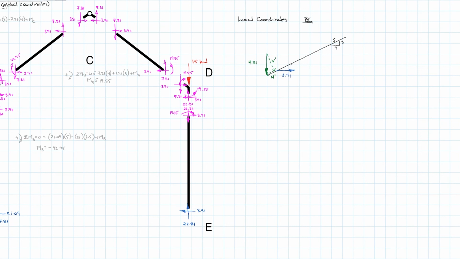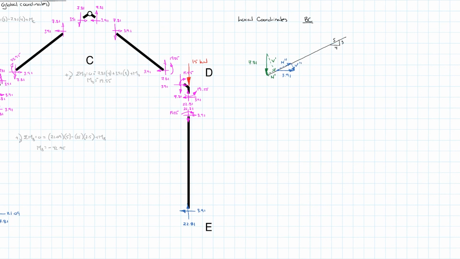And again, I'm going to have to get an orthogonal component and the one that lines up and get our arrow directions. So that's going this way and that way. And I'm going to call that N double prime and this one V double prime.